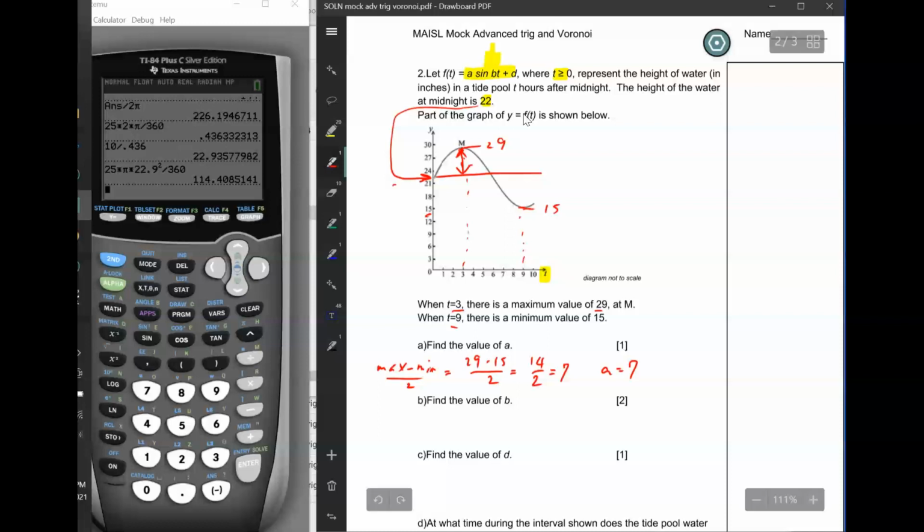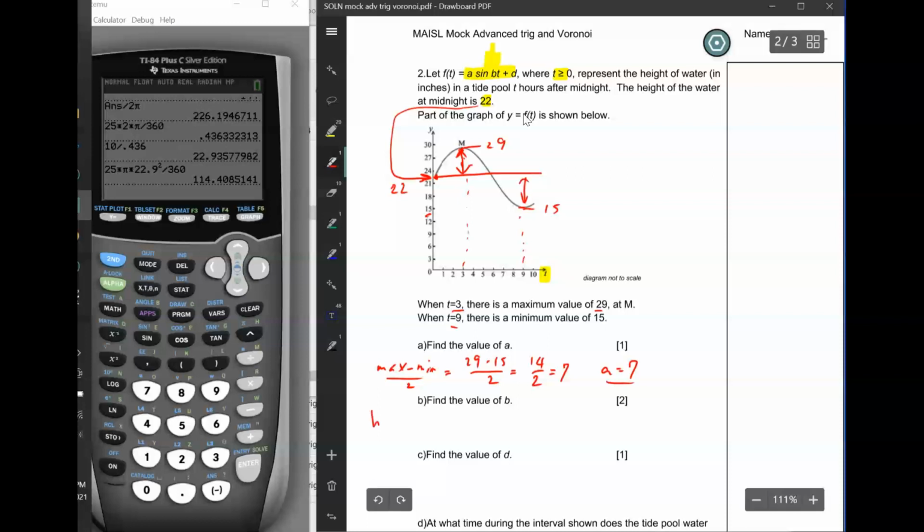It says the level of water at t equals 0 is 22, and do you see how 22 is exactly in between 29 and 15? 29 minus 7, 15 plus 7. So the middle of this curve is at 22. So we could take 29 minus 22 or 22 minus 15, and we could also get the A value of 7.